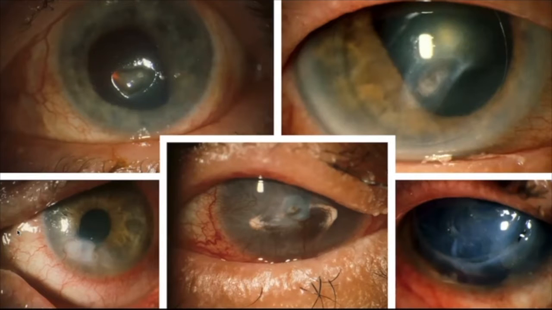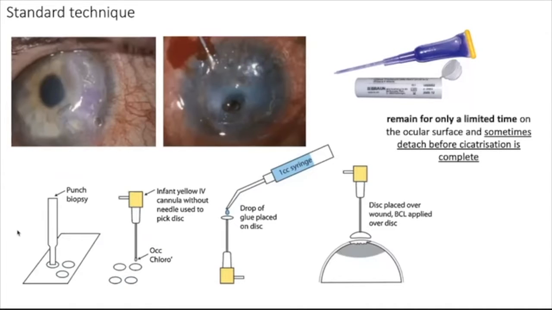Instead, if you have a somewhat larger perforation where there is iris plugging, normally we used to use glue a lot, as you can see in the technique drawn below.